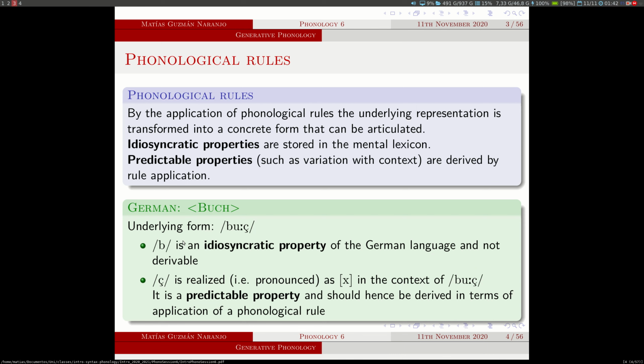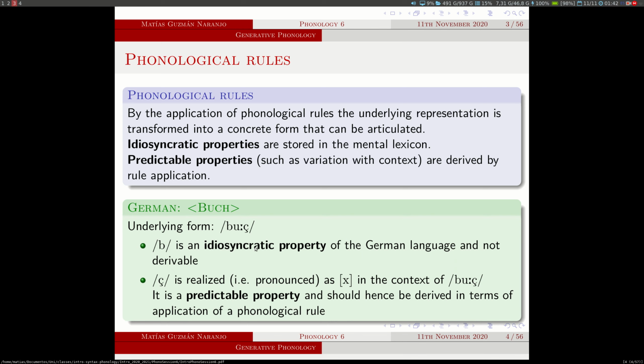And then, because we don't pronounce it one way but the other, there must be a rule that derives the actual surface form, and this is a phonological rule. The idea is that any idiosyncratic property of the words must be stored in the lexicon, but we don't want to store predictable properties. The reasoning behind this idea is that you want to minimize storage, right?